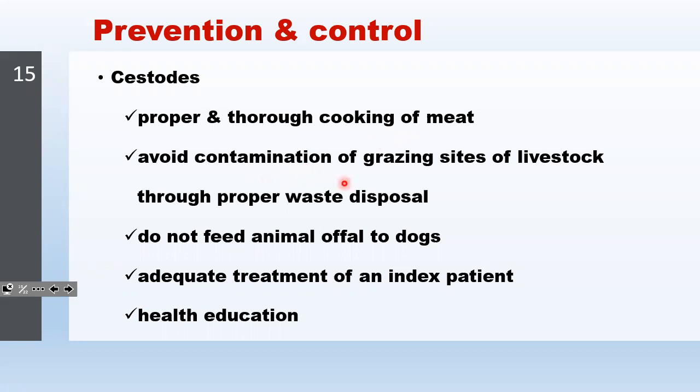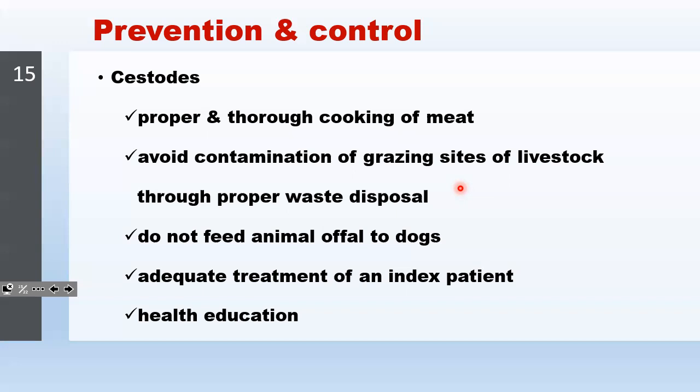Now you should avoid contamination of grazing sites of livestock. So people should have proper waste disposal facilities. You should not feed animal offals to dogs. This is with reference to Echinococcus species, because we know that the larva form is present in the herbivores.